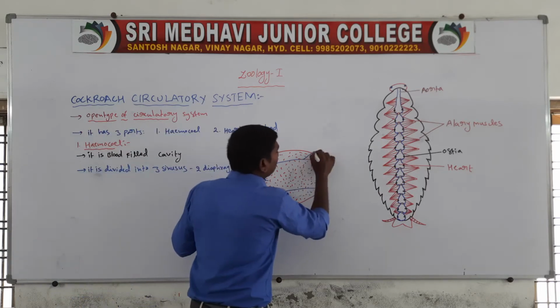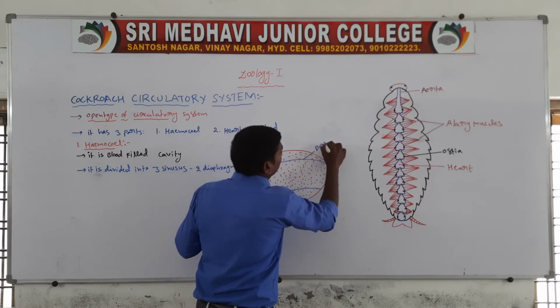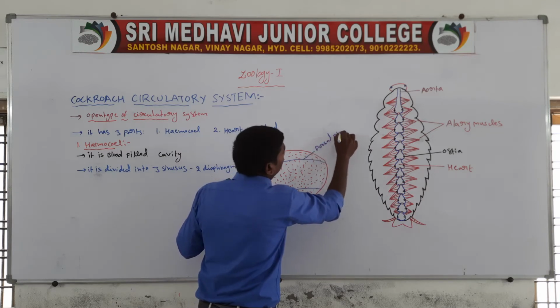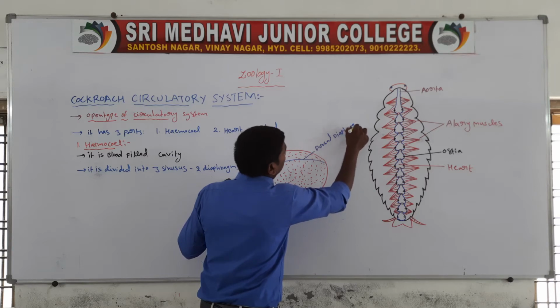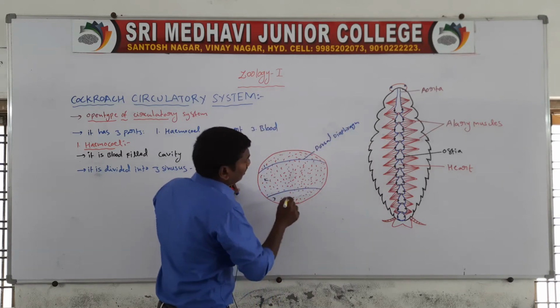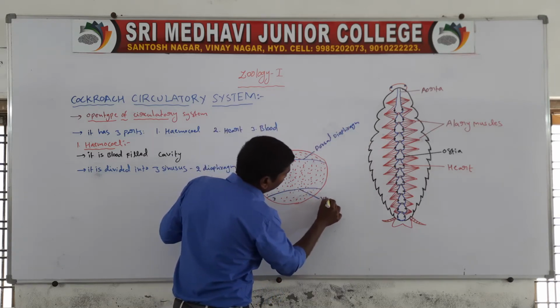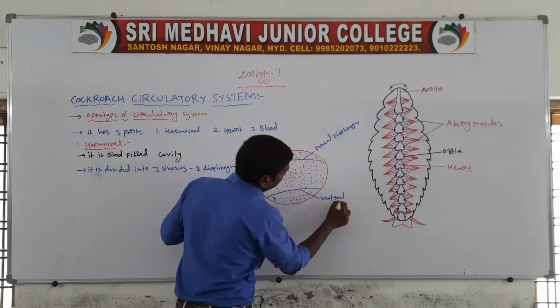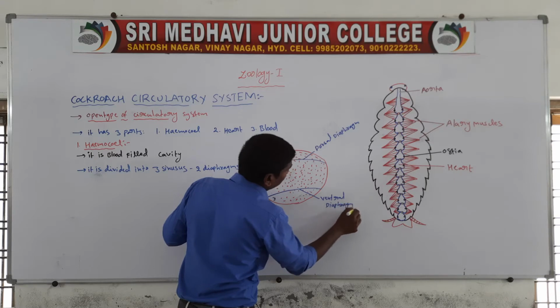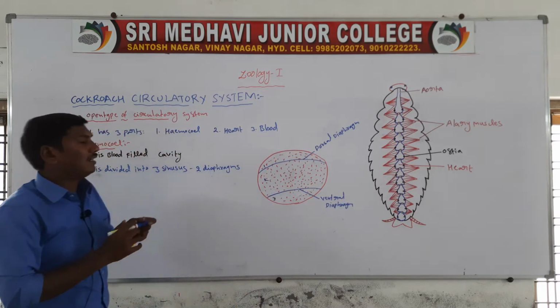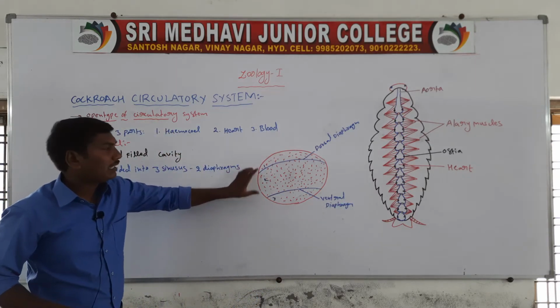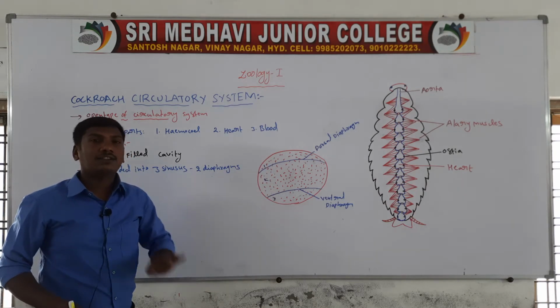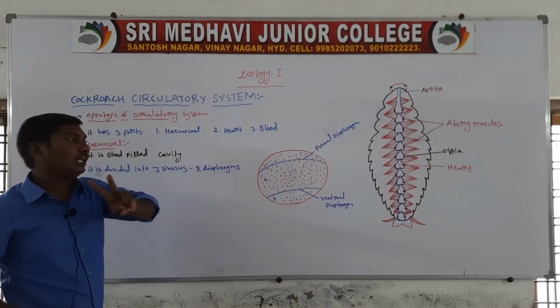The hemocoel is divided into three sinuses through the two diaphragms.